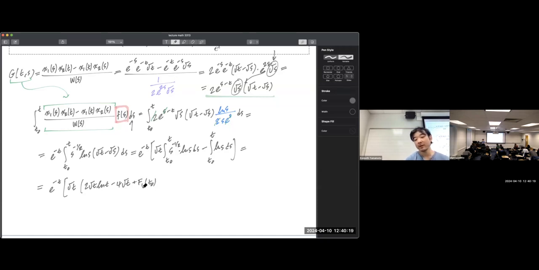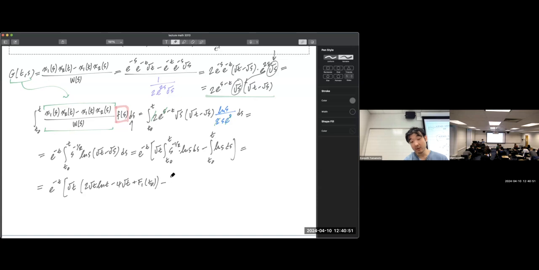It's more complicated than that, but I'm just labeling it as f1, because when you take the definite integral, you take the antiderivative of this and plug in the t, and then plug in the t naught. It's just going to be a number in the end, and it's not going to matter. So I'm just going to leave it as a number and label it as f1. That is the first one.